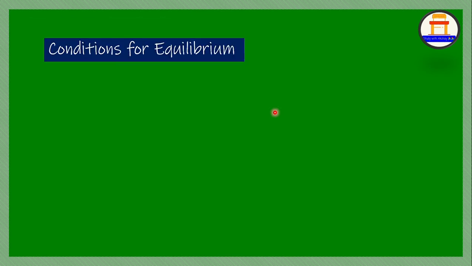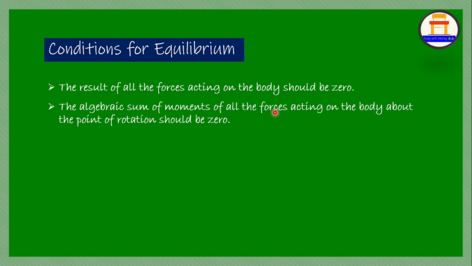Conditions for equilibrium. The resultant of all the forces acting on a body should be zero. This is the main condition. When you add all the forces, clockwise and anti-clockwise, you should get zero. The algebraic sum of moments of forces on the body about the point of rotation is zero.